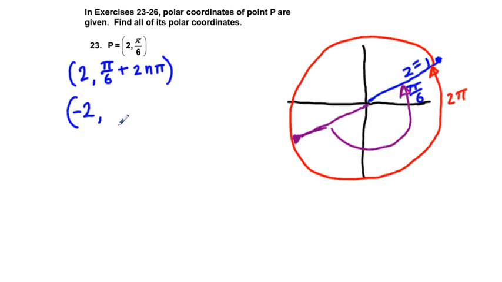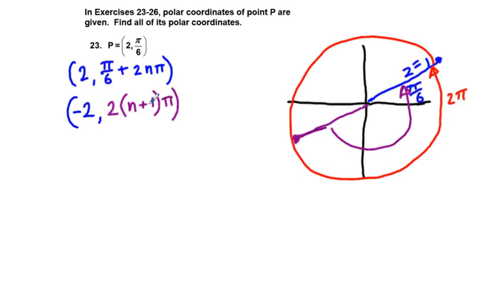So for this one, we have to multiply by 2 times the quantity n plus 1, times pi.